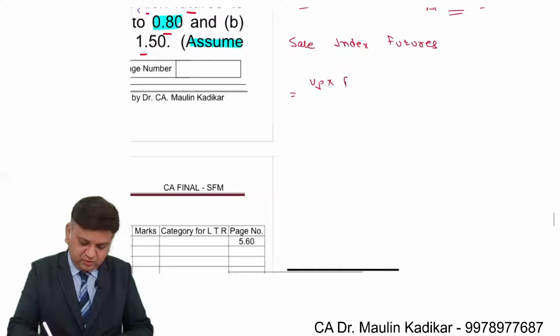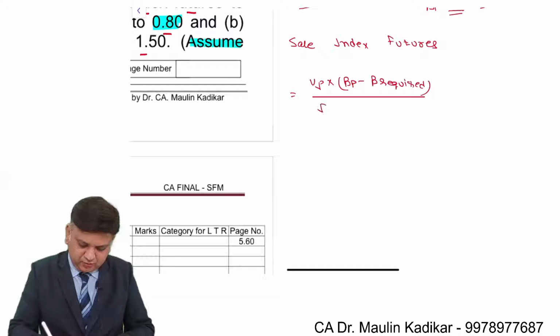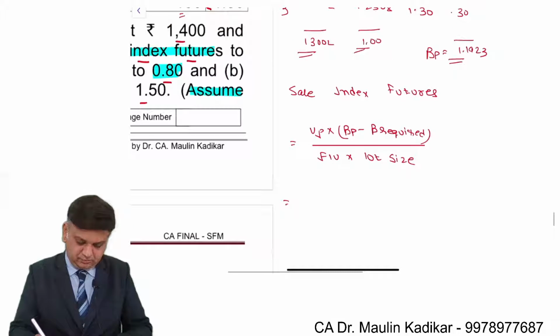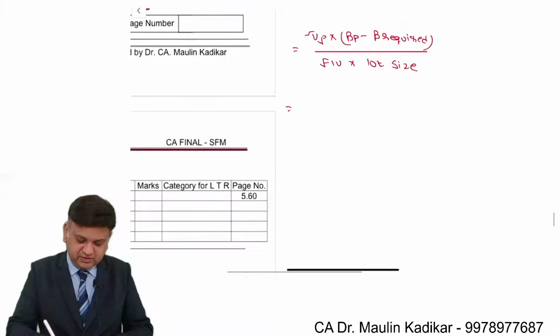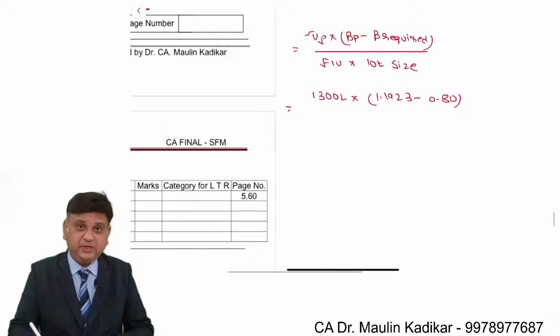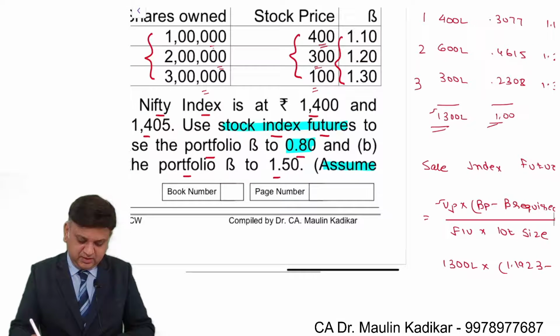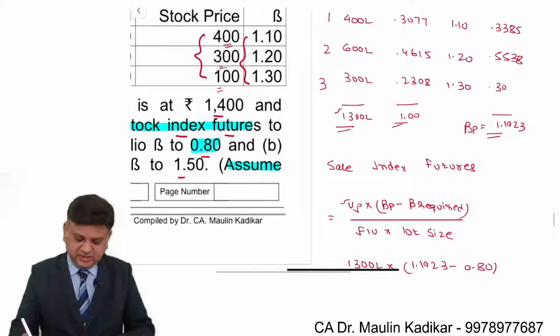Value of the portfolio into beta of the portfolio minus beta required, divided by futures index value into lot size. ऐसा ट्रांजैक्शन किया जाएगा. वैल्यू ऑफ द पोर्टफोलियो कितना है? 1300 लाख है. बीटा कितना है? 1.1923 है. बीटा रिक्वायर्ड कितना है? 0.8 है. डिवाइडेड बाय फ्यूचर्स इंडेक्स वैल्यू क्वेश्चन में क्या है? इट इज 1405 और लॉट साइज कितना है? 100 है.